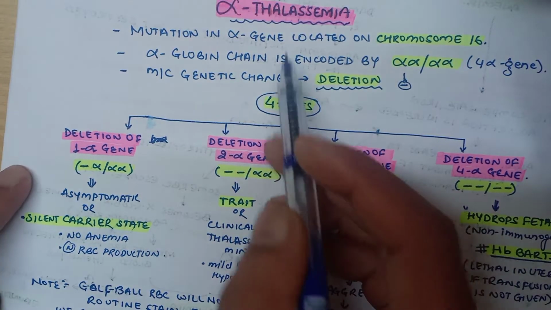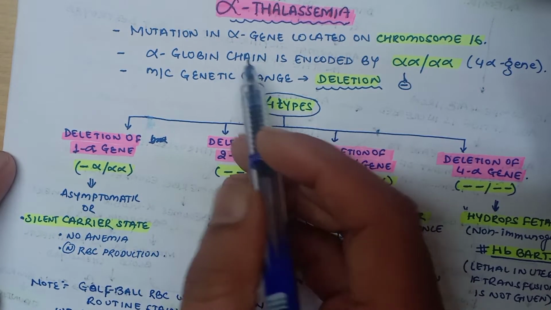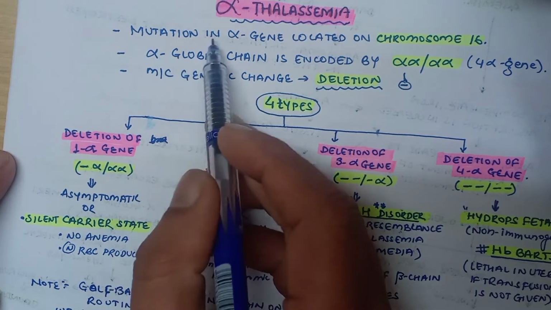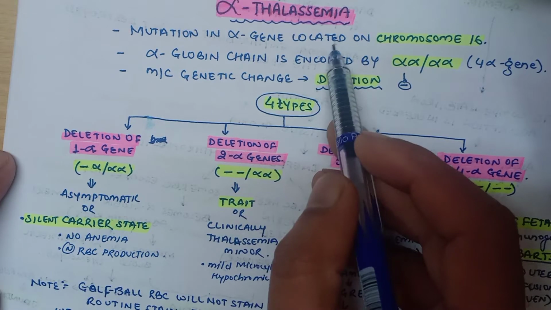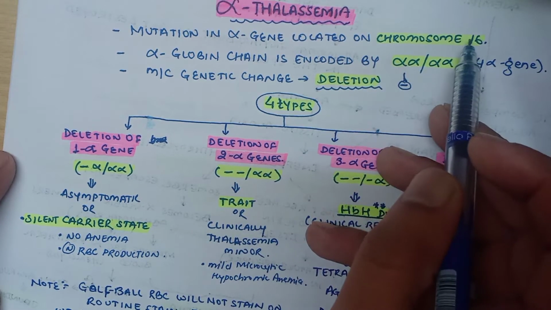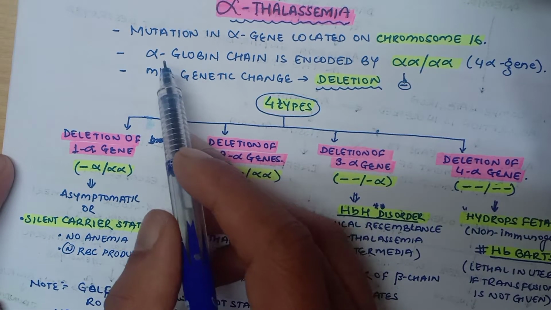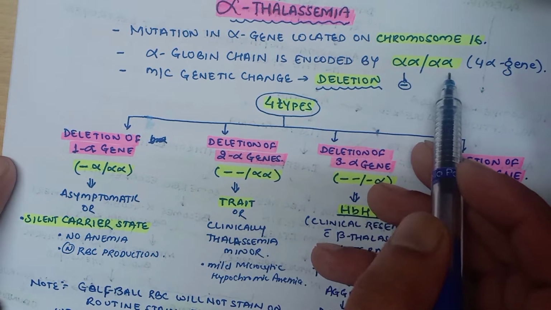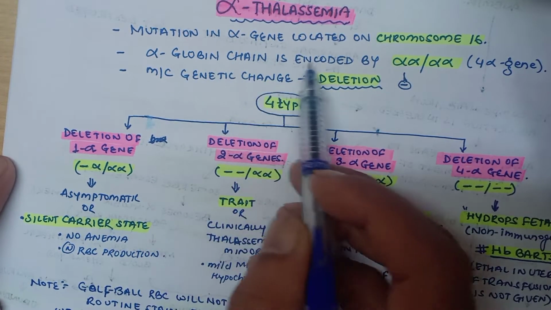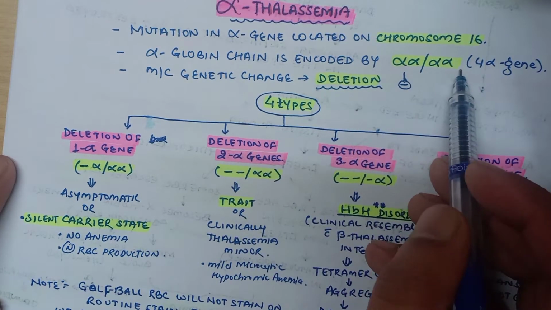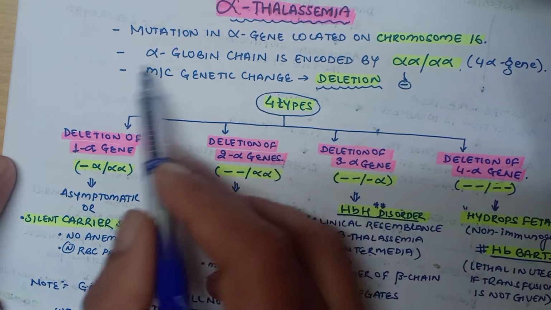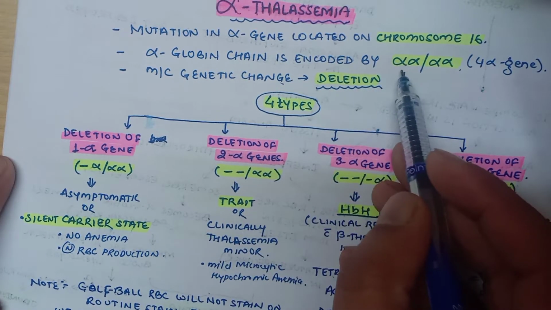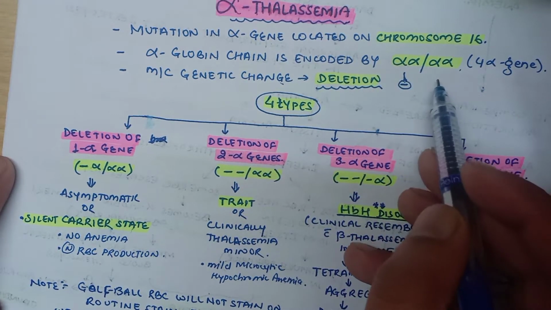Now coming to alpha thalassemia, as we have already said, there is a mutation in the alpha gene located on chromosome number 16. Alpha globin chain is encoded by 4 alpha genes, and the most common genetic change in alpha thalassemia is deletion of these genes.